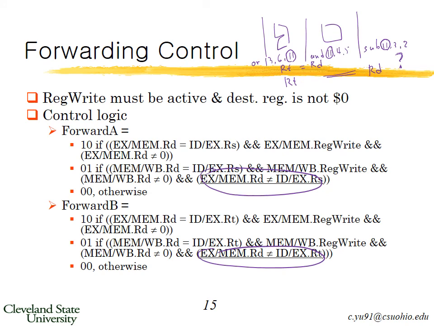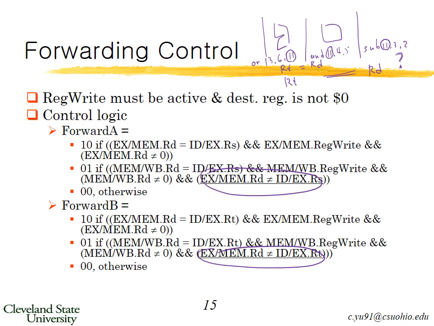Just one more complication. In the example, the OR instruction in the execution stage has one source register that is 11. The destination register in the memory stage is 11, and unfortunately the destination register in the write back stage is also 11. So RT in EX and RD in the memory stage are the same, and RT in the execution stage is also the same as RD in the write back stage.